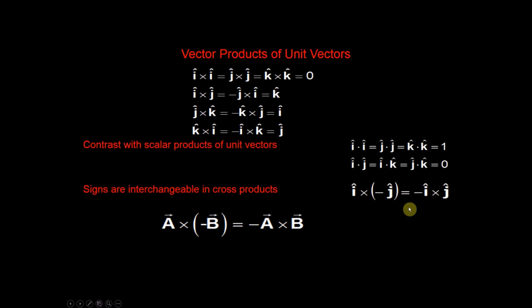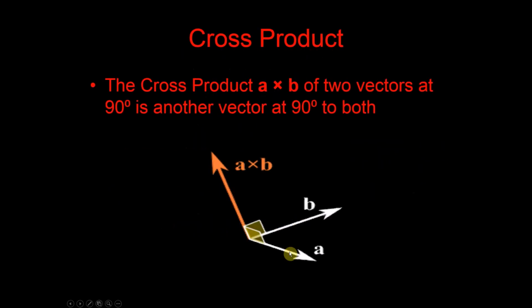So I cross negative J could be negative I cross J. Or A cross minus B could be equal to minus A cross B. And there's sort of an example here. Here's A, here's B, 90 degrees to one another. The result of A cross B will be 90 degrees to both B and A.